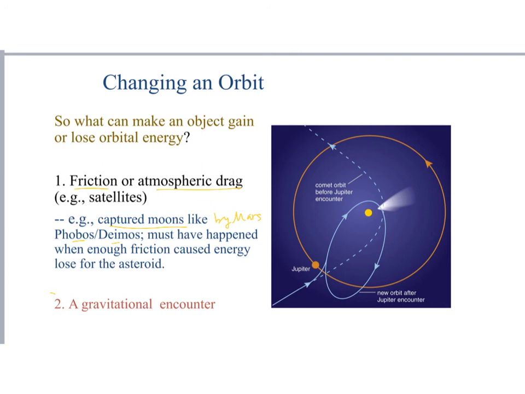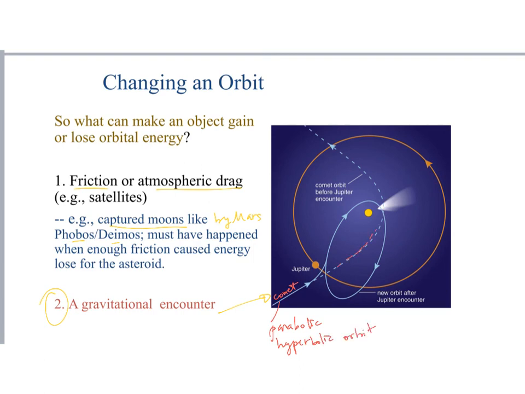Another cause is a gravitational encounter, and here is an example. So what do we have? That's a comet that comes on its parabolic or hyperbolic orbit.